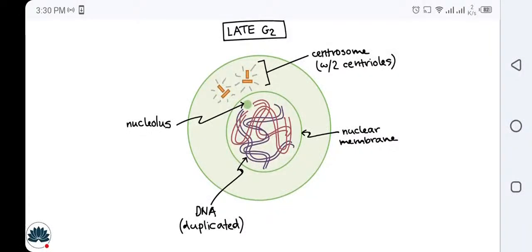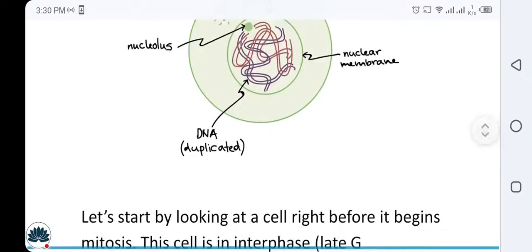The centrosomes consist of centrioles, which have a lot of microtubules forming this mitotic spindle. And there's the nucleolus in the nucleus, and there's the nuclear membrane and DNA which is replicated. As you can see, there are two lines of each DNA, which means it's replicated.